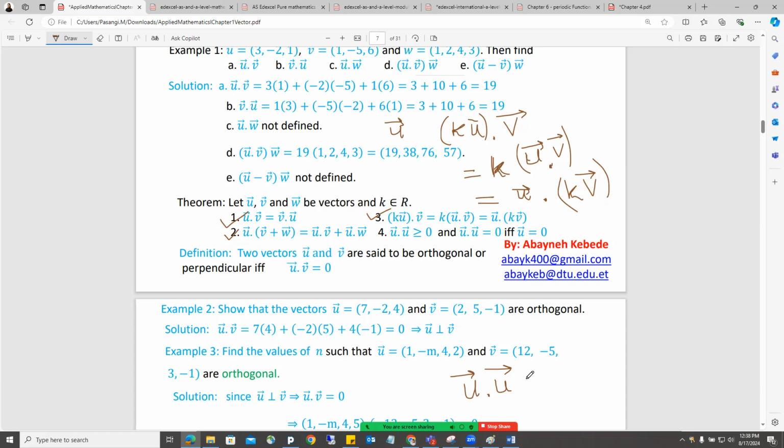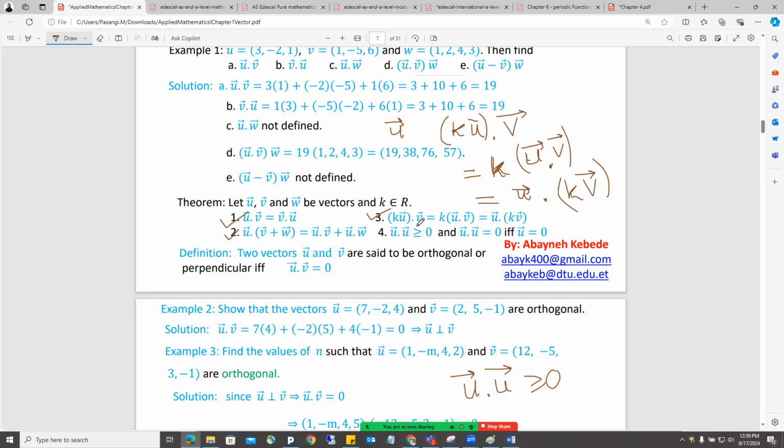So u dot u vector is always the final value. The dot product of this one might be equal to 0, or else it has a positive value.